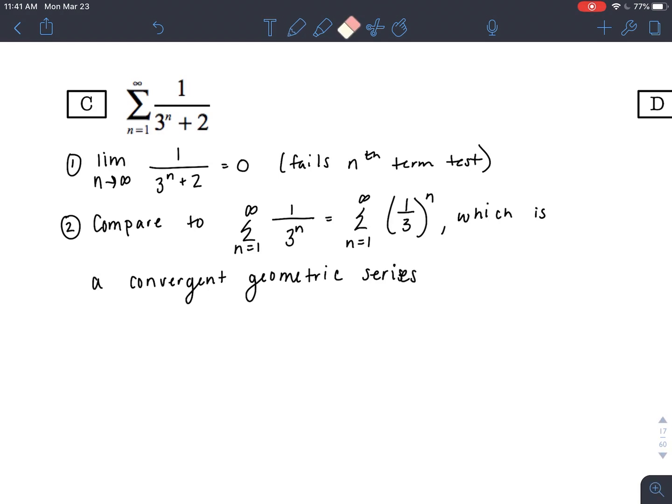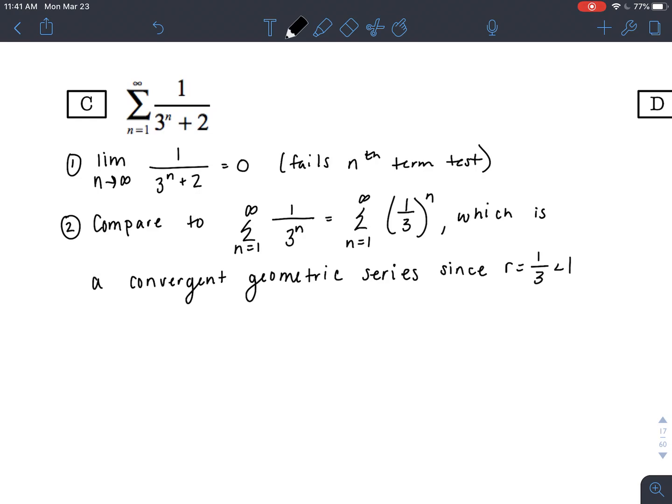Wow, my spelling is awful today. Okay, we got this. Right, we can actually say what this converges to as well, but we don't actually have to do that.